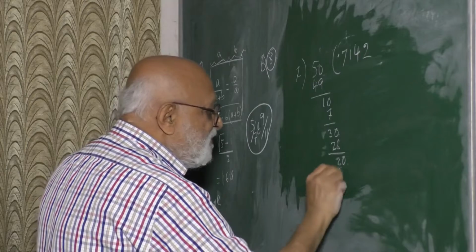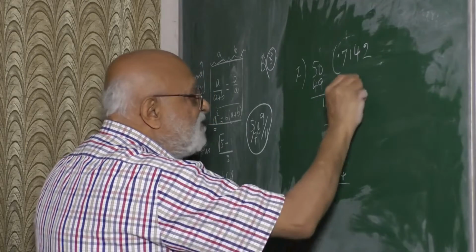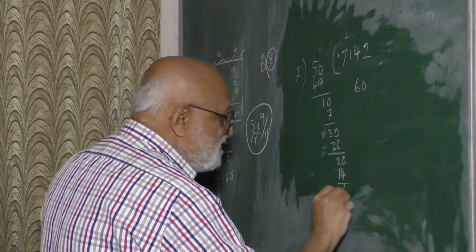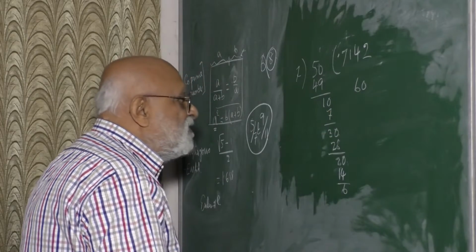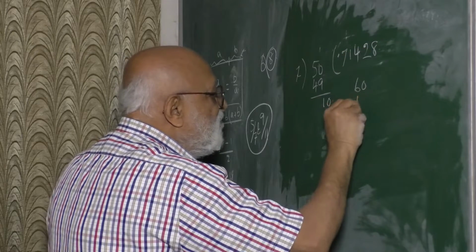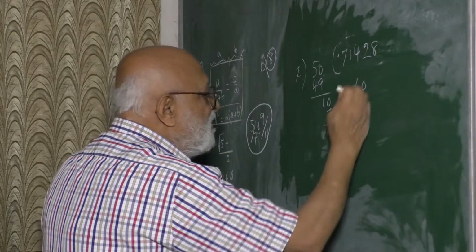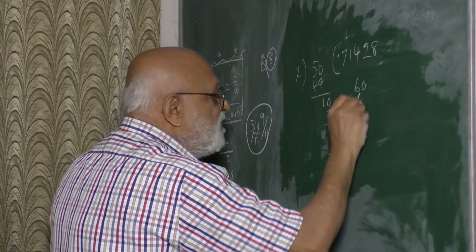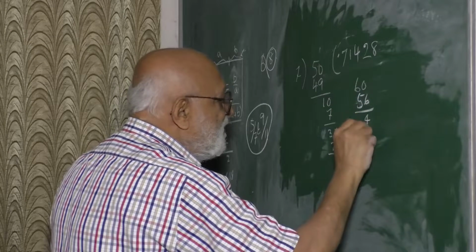That will give me 14. Then I will have 60. This is 8, 7 eights are 56, so 4 will be the remainder. Then 40.